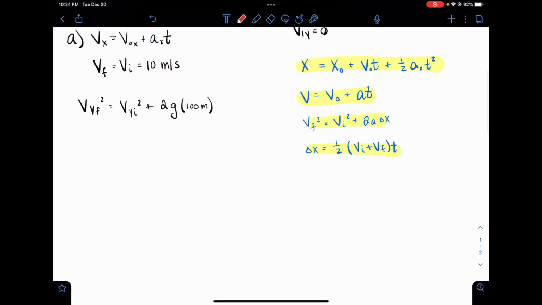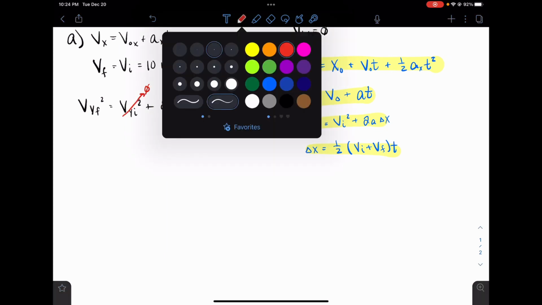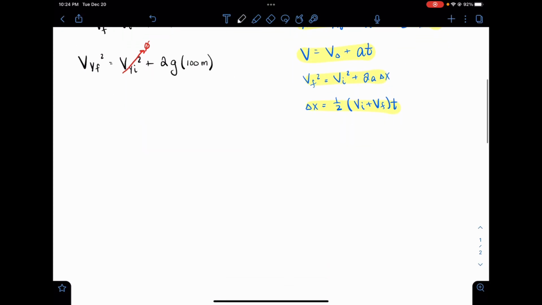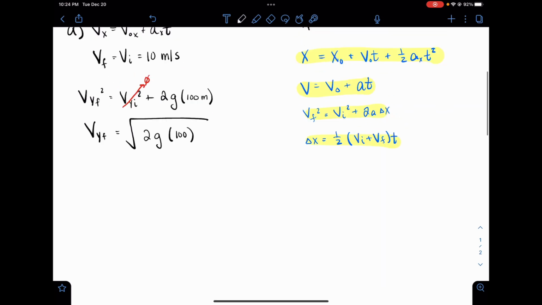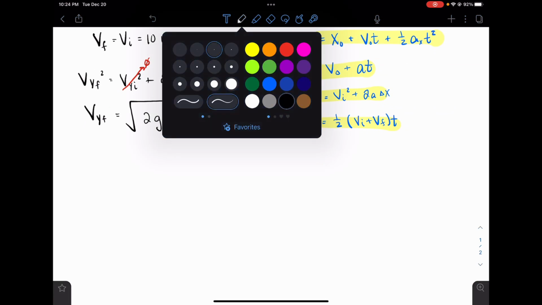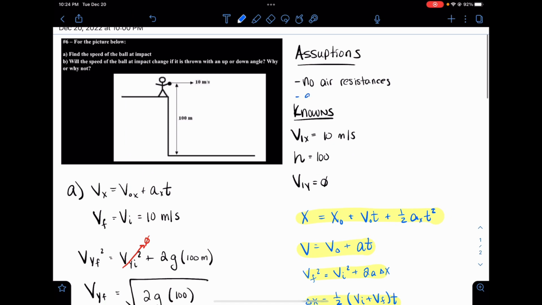Our initial velocity in the y direction is 0, so our velocity in the y direction final is going to equal the square root of 2 times g times 100. I'm going to assume, we can add this to our assumptions, that g is equal to negative 10 meters per second squared.